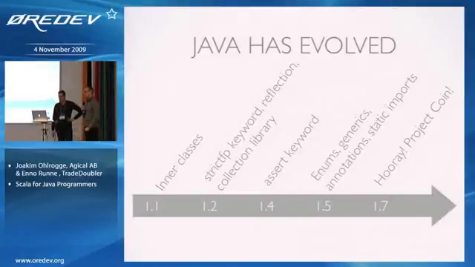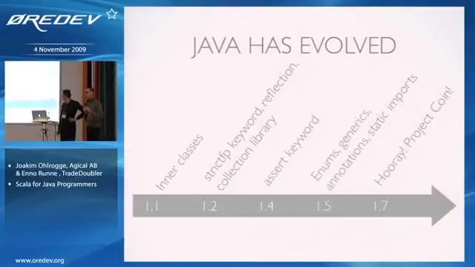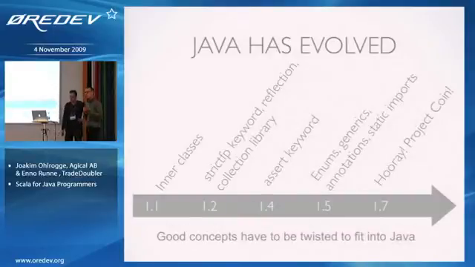But at the same time, if we look at what generics gave us, there are rough corners. It is very, very hard to introduce new concepts to an existing programming language without breaking backwards compatibility. And this is shown with the generics.